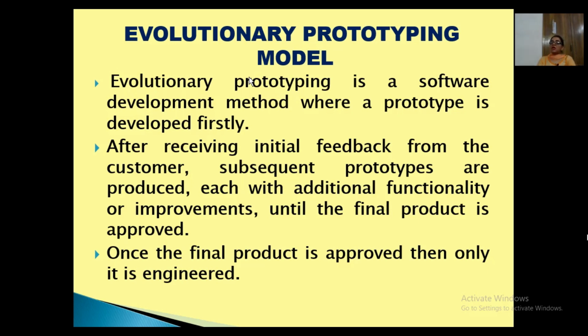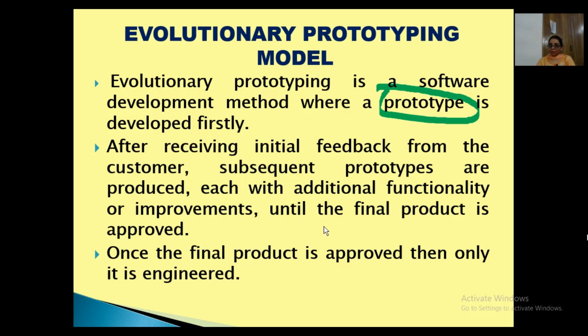So this is a software development method where we get working models generated at first go. After receiving initial feedback from the customer, subsequent prototypes are produced with each additional functionality or improvements until the final product is approved.